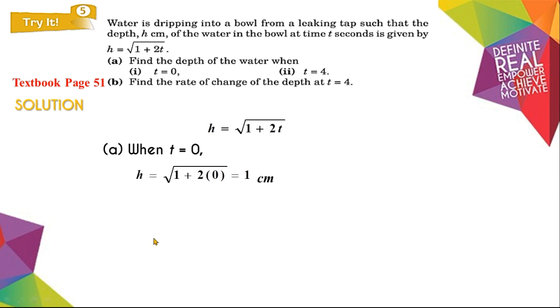Similarly, when t equals 4, h equals the square root of 1 plus 2 times 4 equals 3 cm. This shows the depth of the water when t equals 0 and t equals 4.